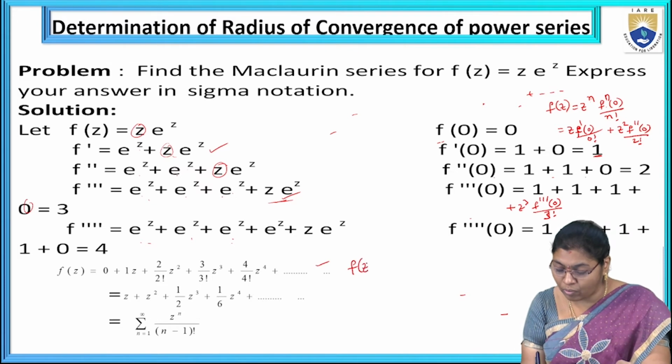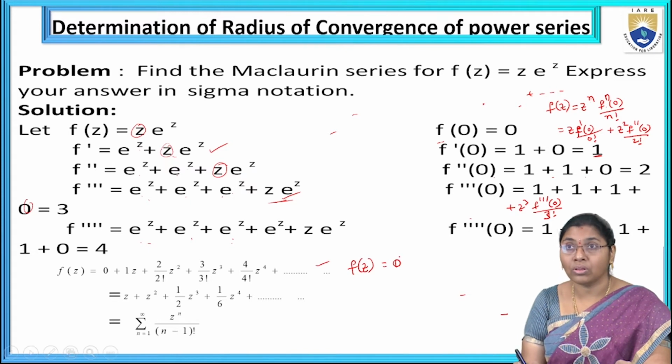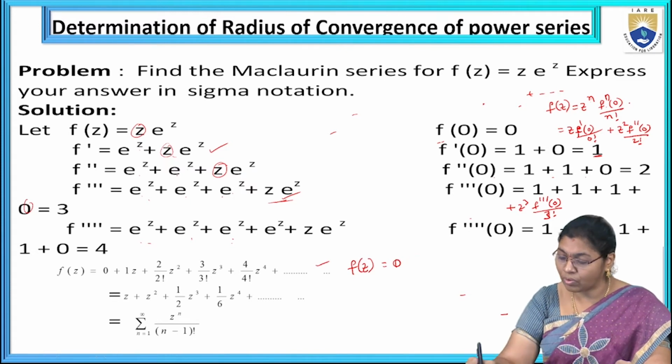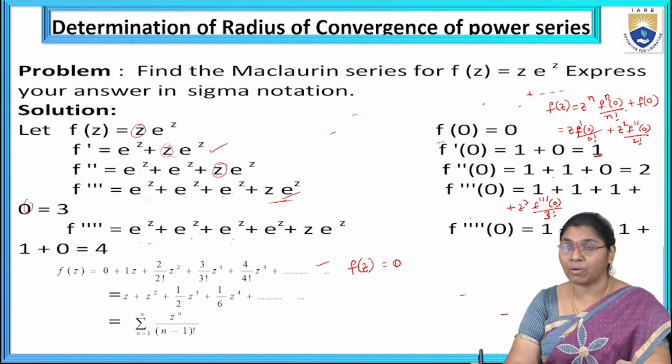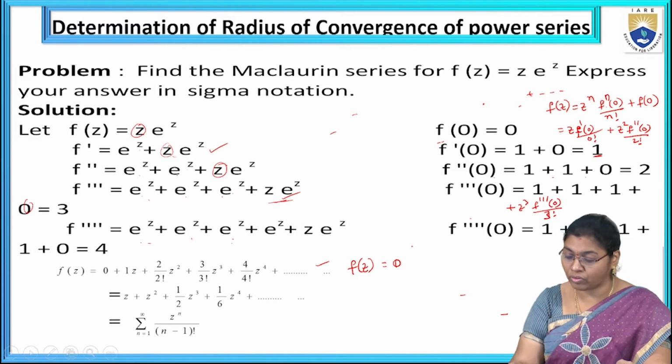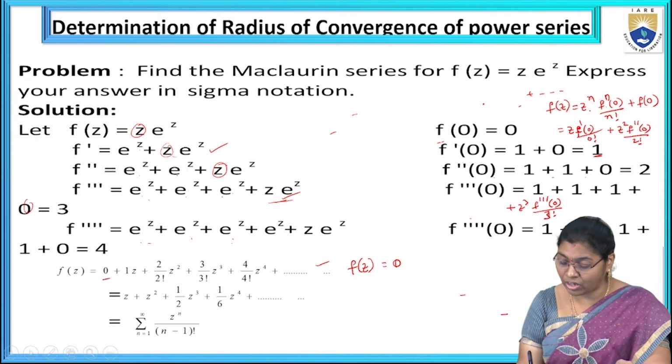F of z equal to, substituting the first term, f of 0 plus this one, that is Maclaurin's expansion. Now f of 0 value is 0. Next, the remaining z power n, that is z.